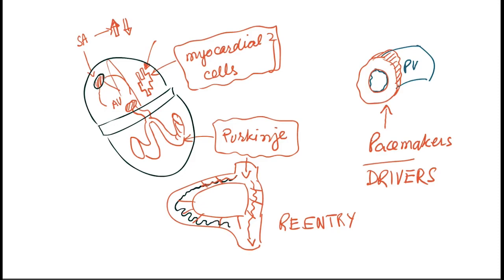Impulse is traveling slow, enough slow that when it reaches back here where it should come and die, instead of dying, it actually just re-enters the circuit, and now it would just get trapped and keep circling here. And this has become an abnormal pacemaker now. It has become a circuit that has trapped an impulse, and it would continue like fireworks. It will continue to give off the new impulses.